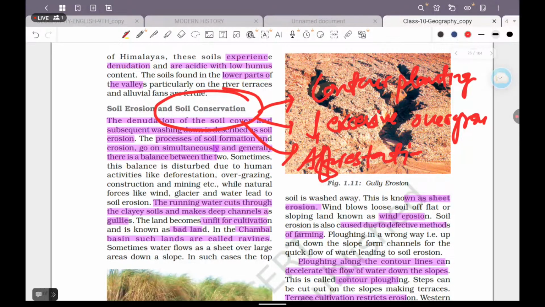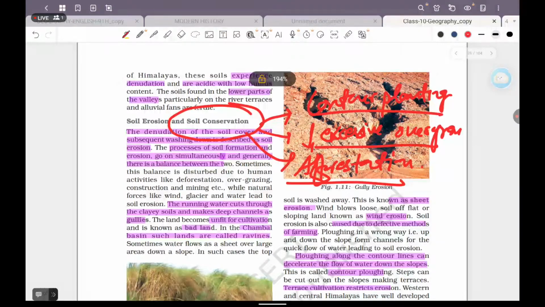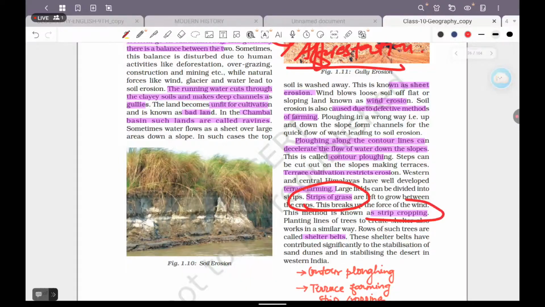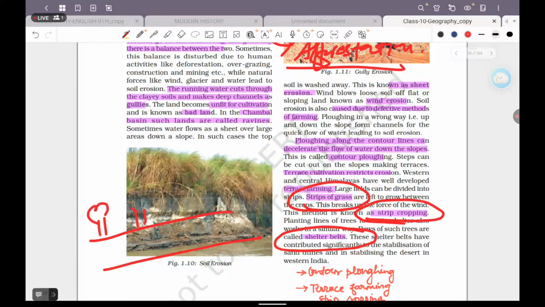So these are some of the methods through which we can conserve the soil, like strip cropping, shelter belt, like the green belt, like in these regions जो ट्रीज ग्रो होते हैं. सो when the soil of these regions starts moving, so ये trees क्या करती हैं, ये उस soil को movement से stop करते हैं, and it is also one of the methods to conserve the soil.